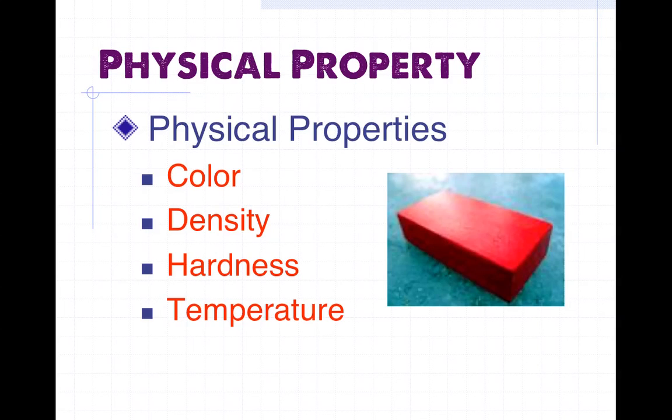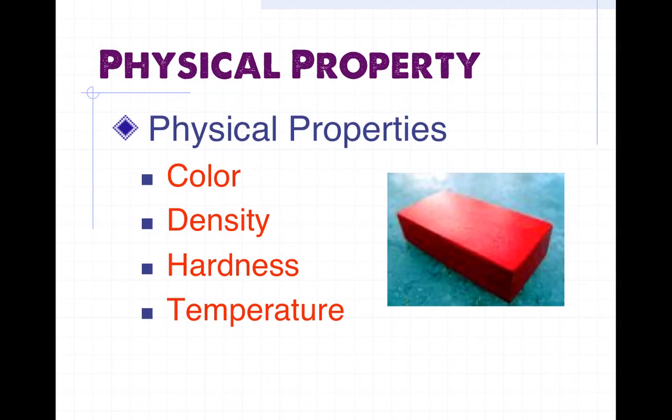So here are some examples of physical properties. The color, the density, how hard an object, an element, or any material is, and the temperature are all physical properties. I can measure all of these without changing the chemical makeup of a material. The color, I just look at.